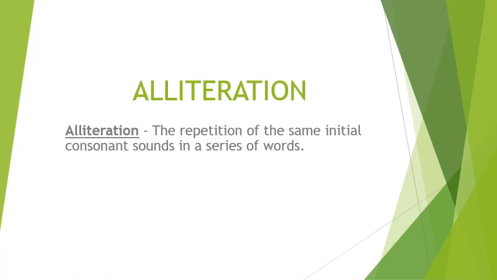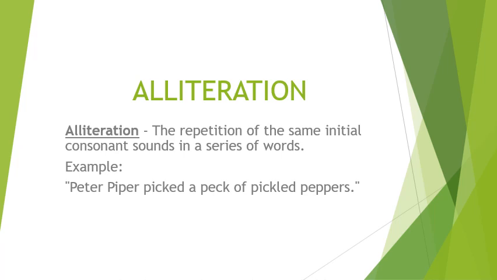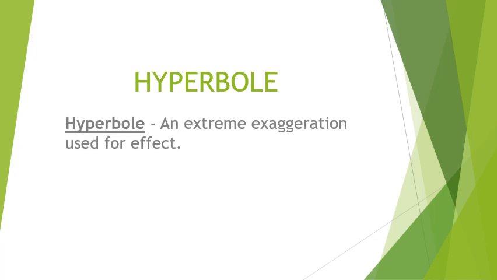We have alliteration, the repetition of the same initial consonant sounds in a series of words. For example, Peter Piper picked a pack of pickled peppers. So you can see the repetition of the same initial consonant sounds, the P, P, P. We have hyperbole, an extreme exaggeration used for effect.